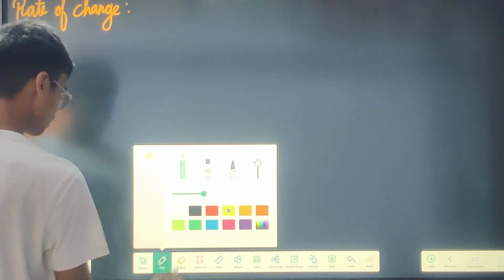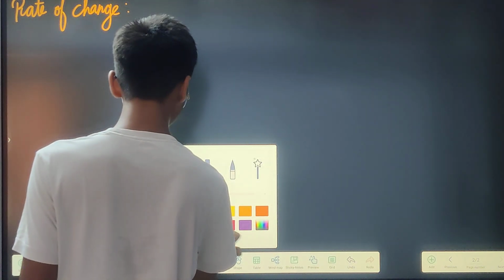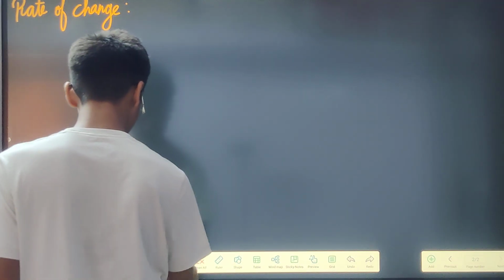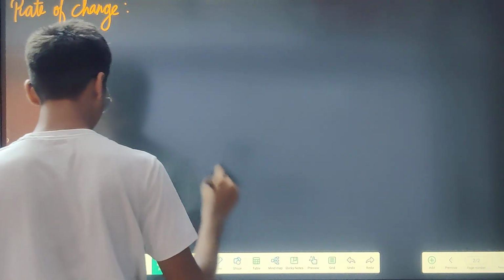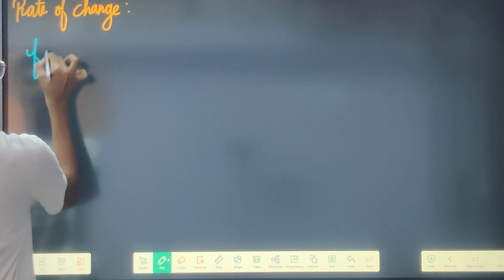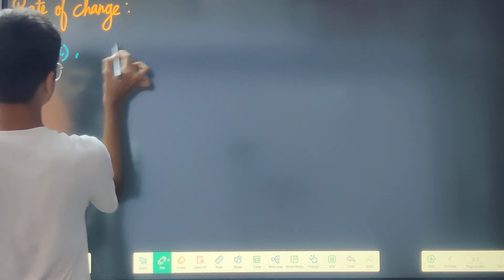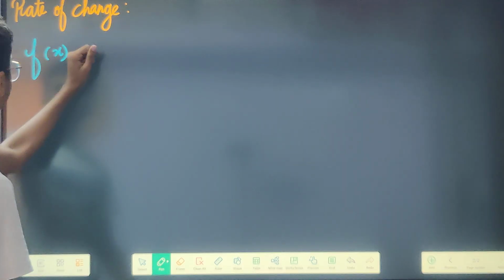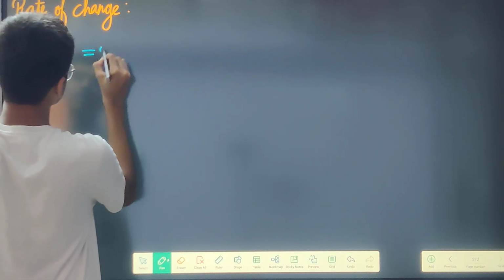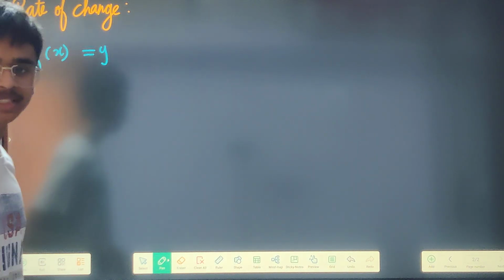So, okay, now if a function y equals f of x, okay, this is a function, and we all know that the driving force over here is x.